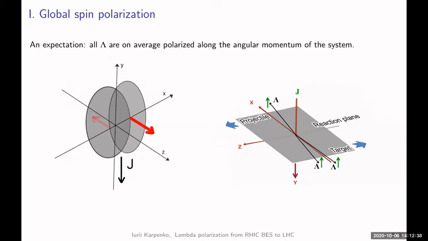So here I show two different sketches of the geometry of the reaction. On the right, you have the gray plane, which is the reaction plane. And there is a vector which sticks out of the reaction plane, the angular momentum J, which sticks upwards. And the expectation is that the polarization of hyperons would be, I think, opposite to this vector, but in that direction, exactly.